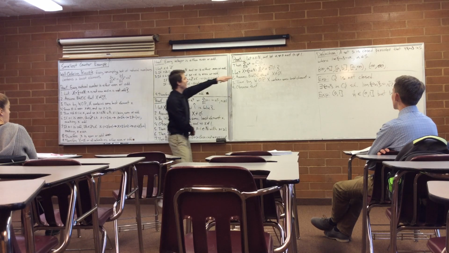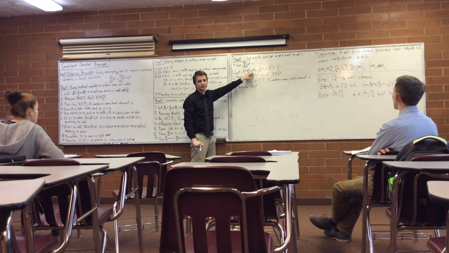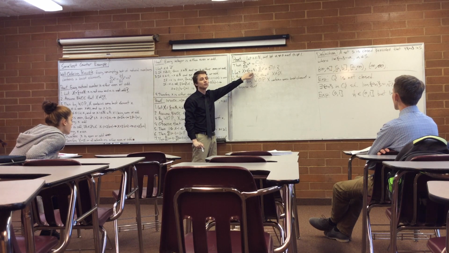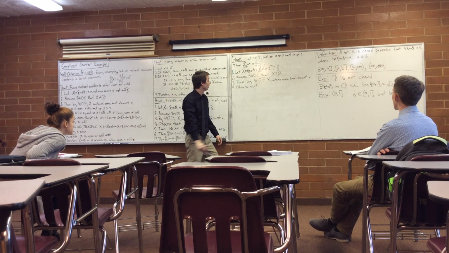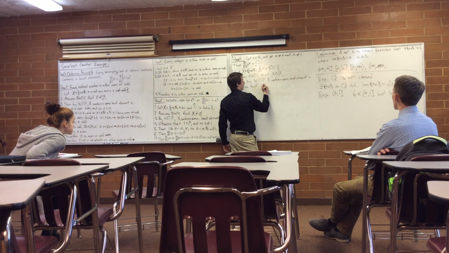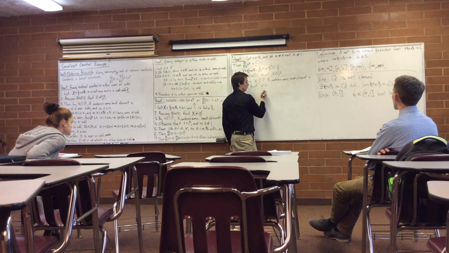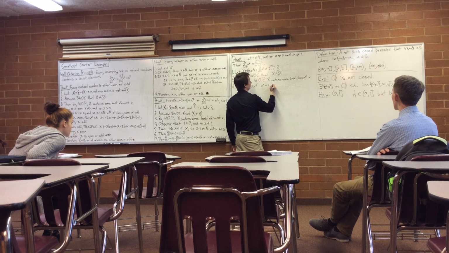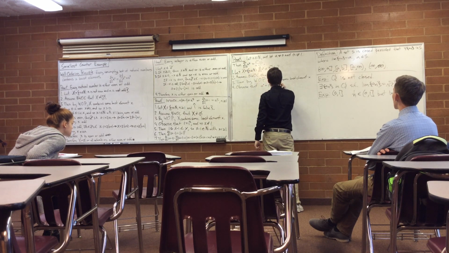This is a statement about all natural numbers, so we need to make sure that x is not 0. So observe that a to the 0, which is equal to 1, is equal to a to the 1 minus 1 over a minus 1.